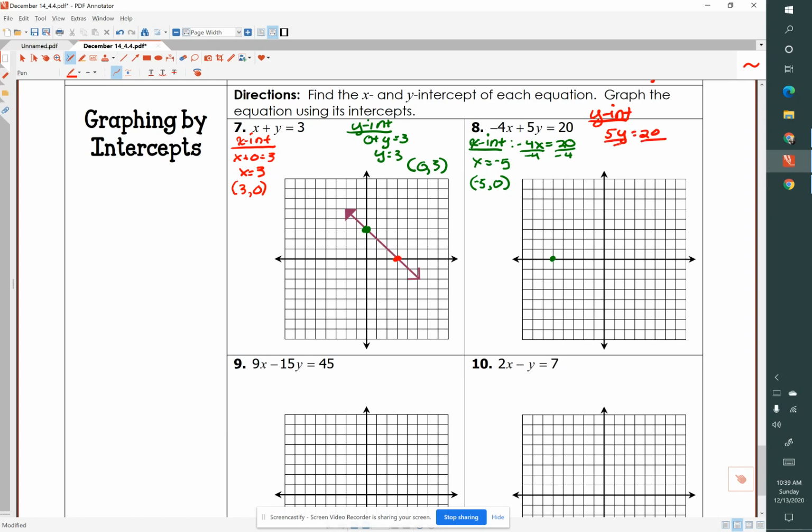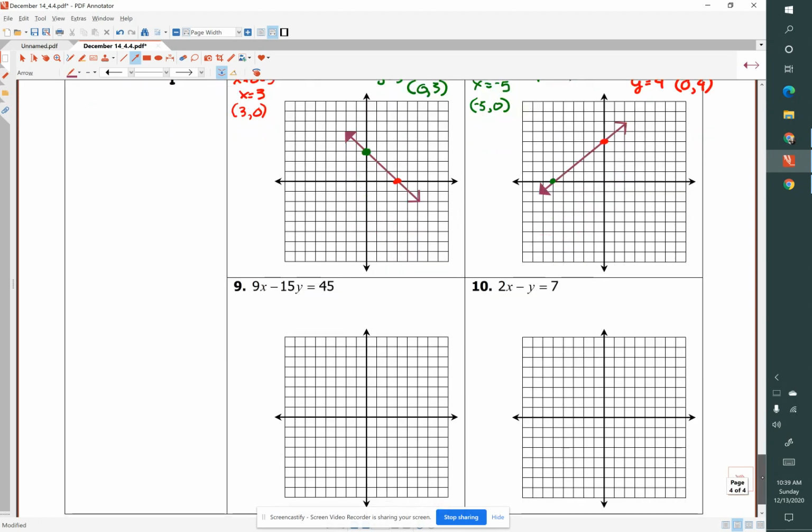I divide both sides by 5, and y equals 4. So I would have the point 0, 4. 1, 2, 3, 4. And let's connect that with a smooth line. And there's our graph of the equation.